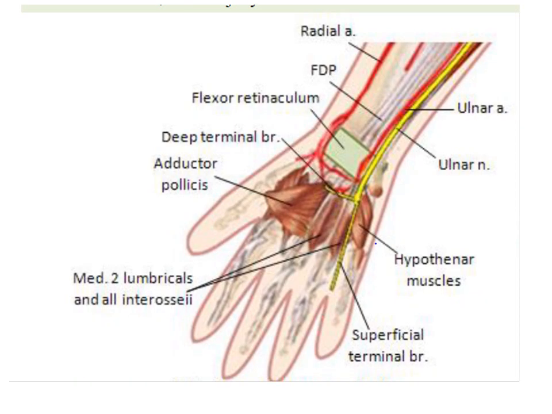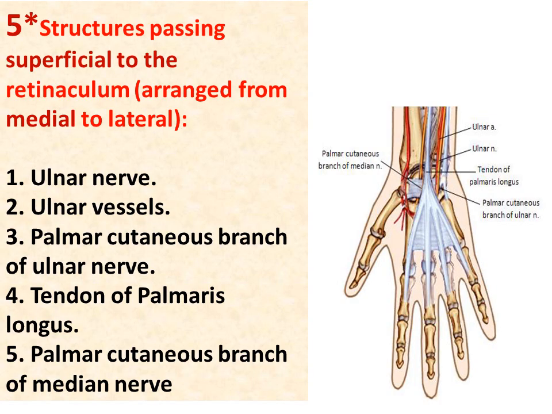This is the green quadrangular structure representing the flexor retinaculum extending in front of the carpal bones, converting them into carpal tunnel. We have many structures passing superficial to the flexor retinaculum and others passing deep to it.